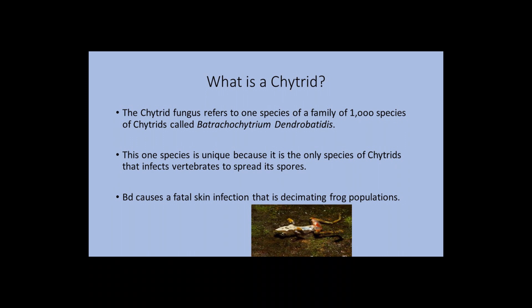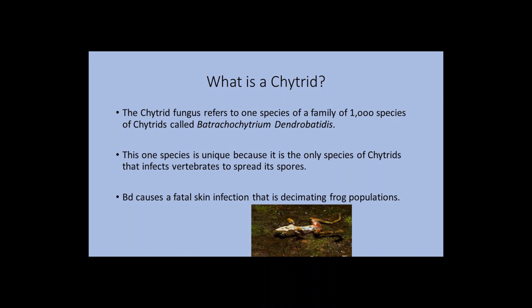When scientists are talking about the chytrid fungus, they're referring to one species, Batrachochytrium dendrobatidis, of a larger family of 1,000 chytrids, and most of the chytrids are saprophytic, which means they're just decomposing dead biomass, returning it to the soil.